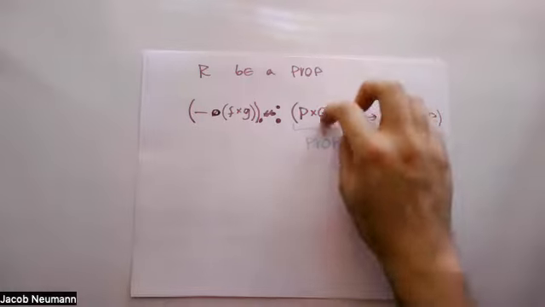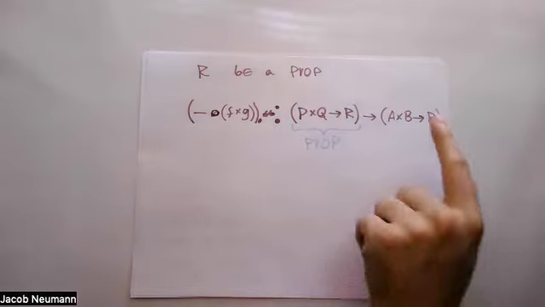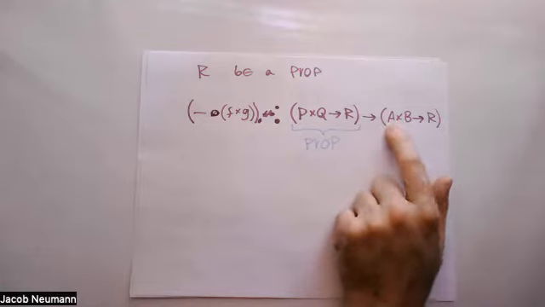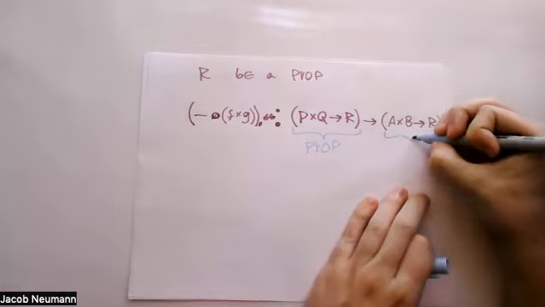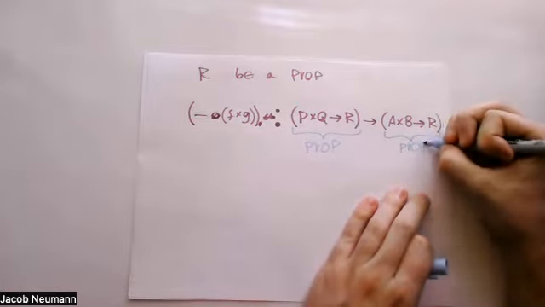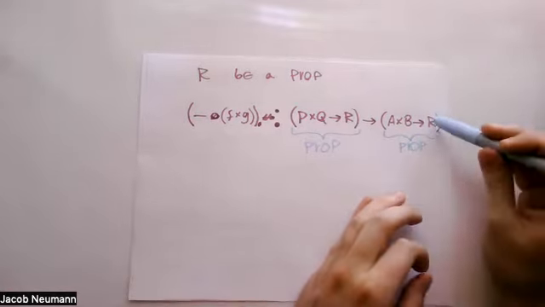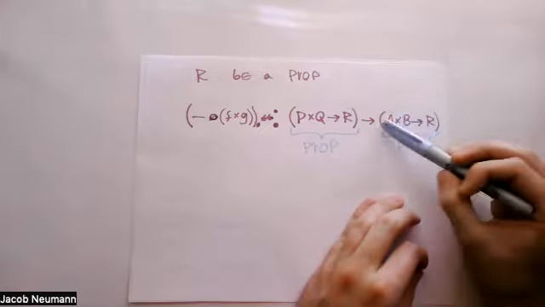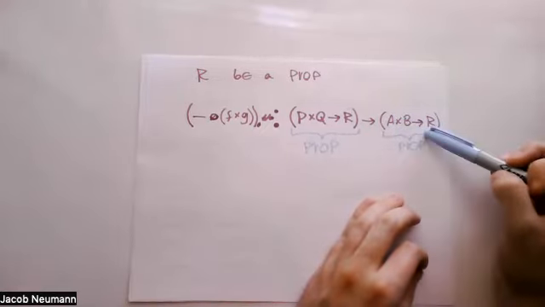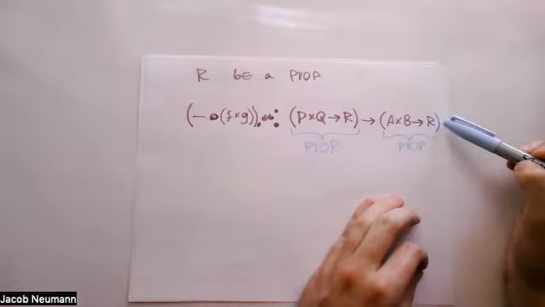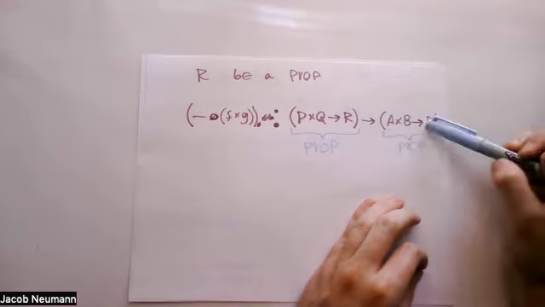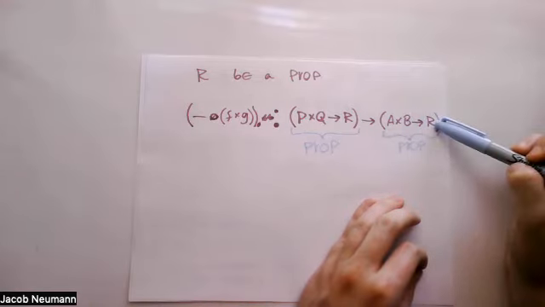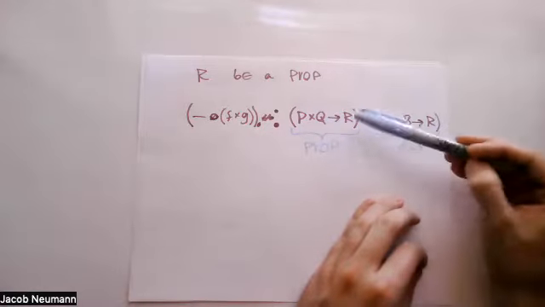So this right here is a proposition, and so we want to construct an inverse for this. And actually, this is also going to be a proposition for the same reason, namely that whenever you're mapping into a proposition, if you have an arrow type like this and the codomain is a proposition, then the whole thing is a proposition. So R is a proposition, so that makes A times B arrow R into a proposition, and likewise here.